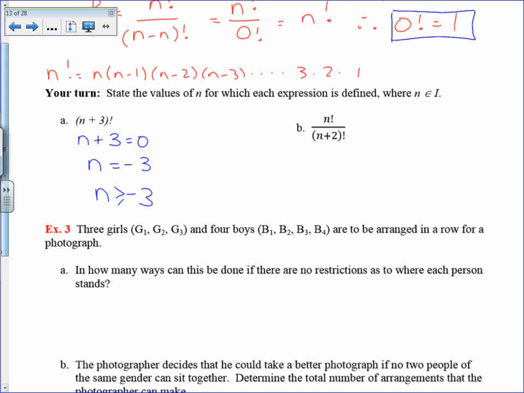So for this one over here, n factorial, n equal to 0, so n would have to be greater than or equal to 0 for the top one to be defined.